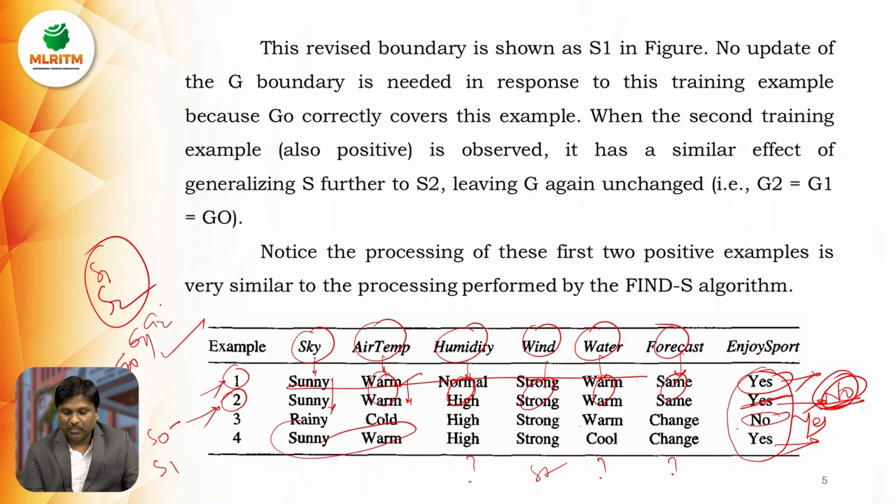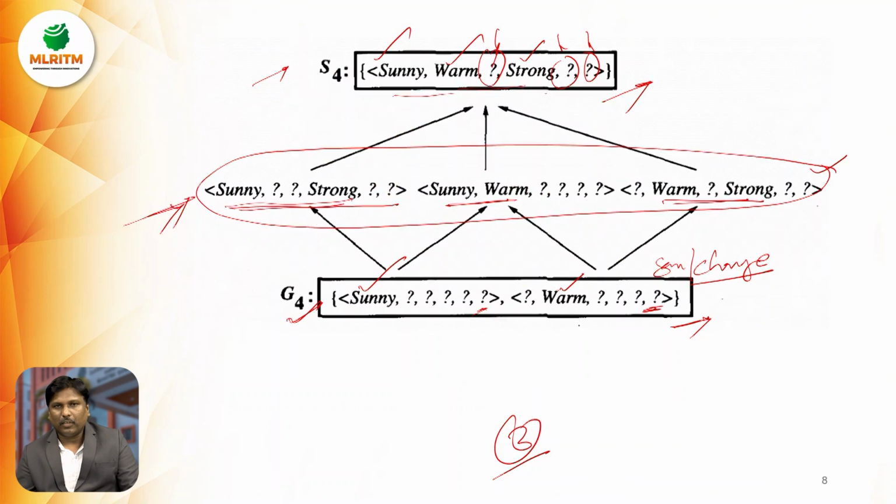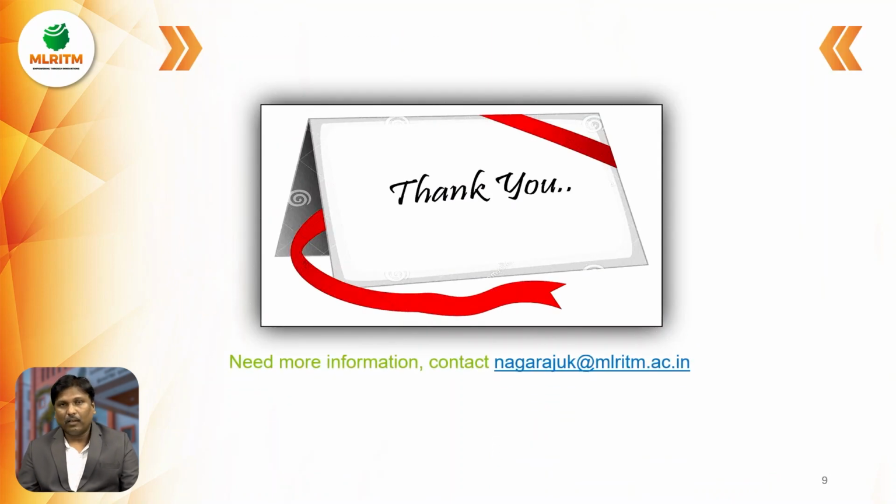Coming to G2, that is to be updated for this training example. So for any training example we consider, based on the positive and negative responses, we can update the hypothesis. I hope you understand all about this candidate elimination learning algorithm.